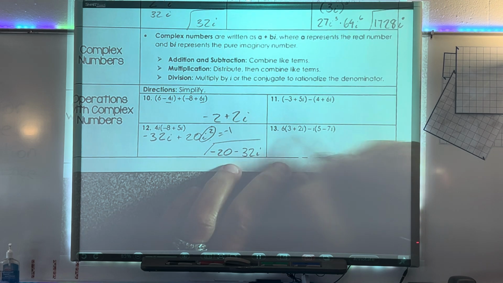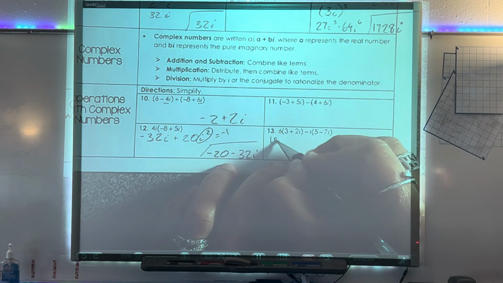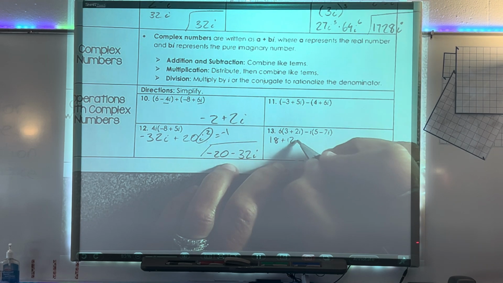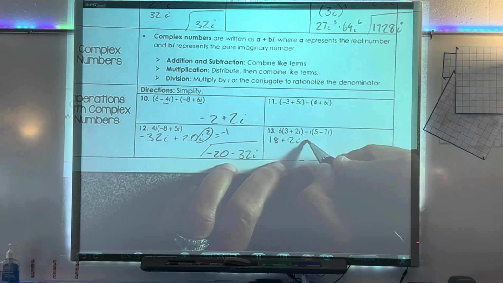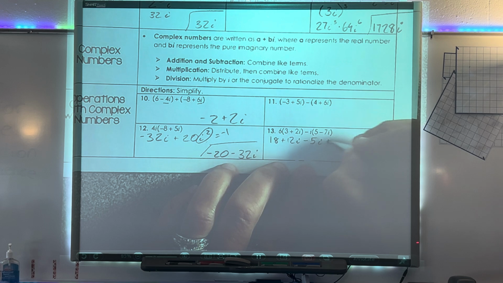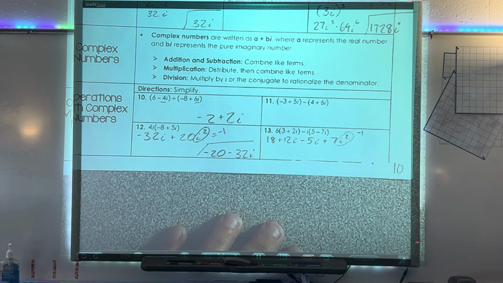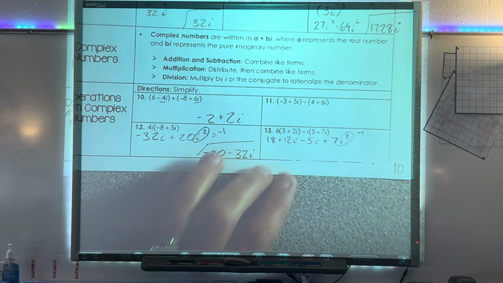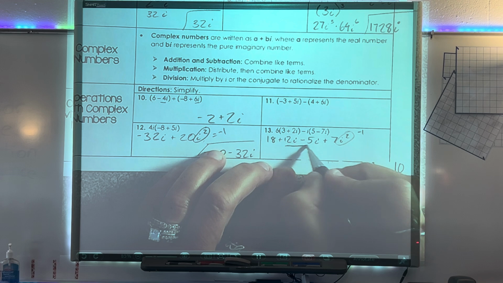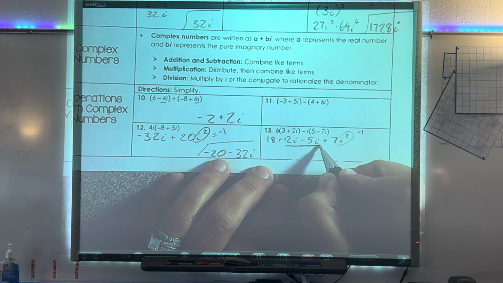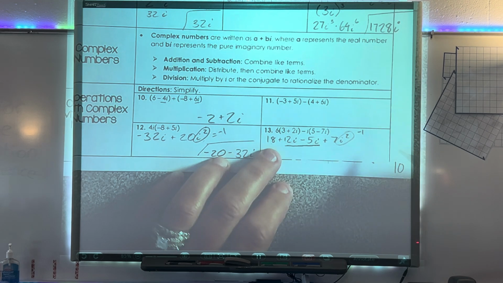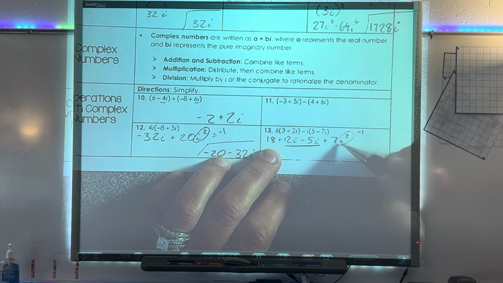Alright, so if we did this one, it's kind of the same thing. I'm going to have 18 plus 12i, minus 5i plus 7i squared. We have that same situation right there where that's going to be a -1. Are we okay there? So basically, these two right here are going to combine, and then my 18 and this -1 right here is going to make that a -7.